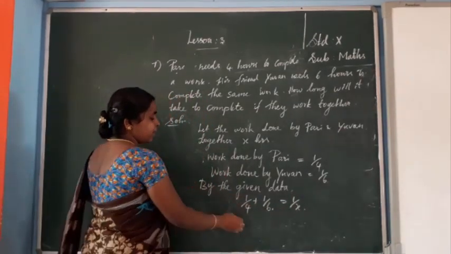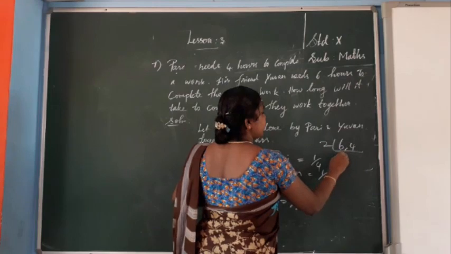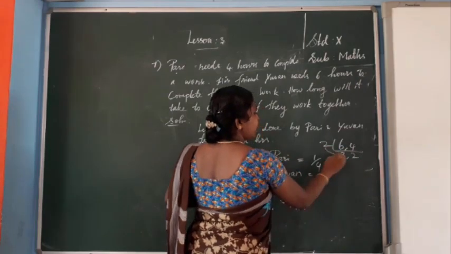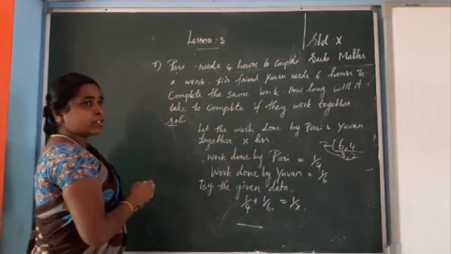So take LCM of 6, 4. 2 table, 3 2s are 6, 2 2s are 4. You multiply, 2 3s are 6, 6 2s are 12. So LCM is 12.